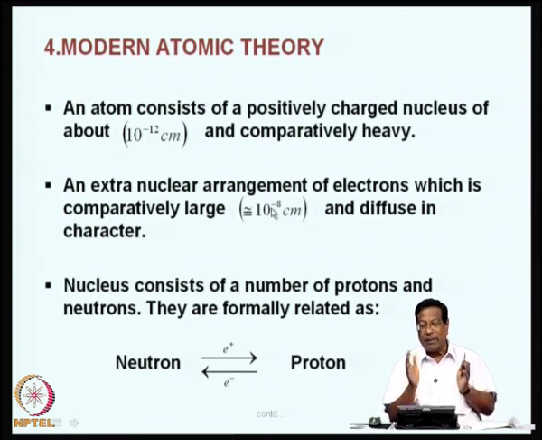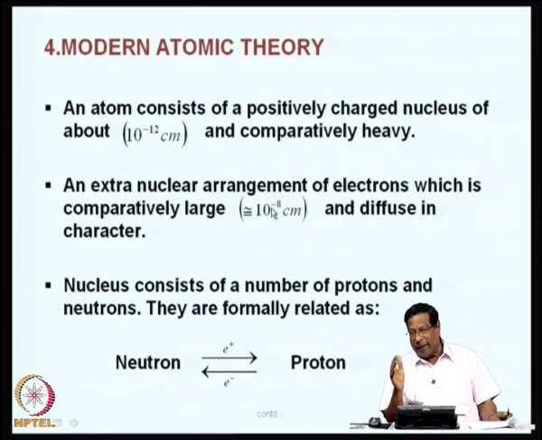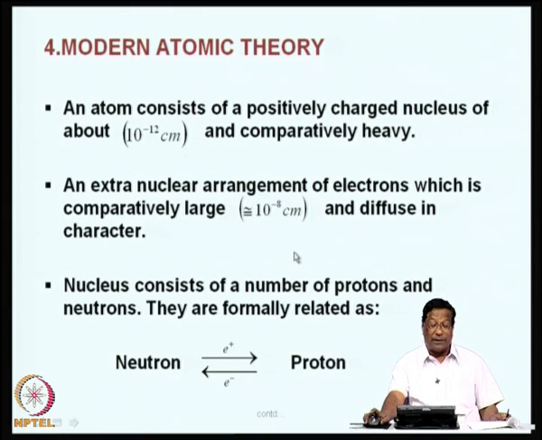That means, compared to the nucleus, the electronic region is approximately 10,000 times larger. Electrons move around the nucleus in about 10 to the power of 4 times more space, and the electronic structure is approximately diffuse in character.